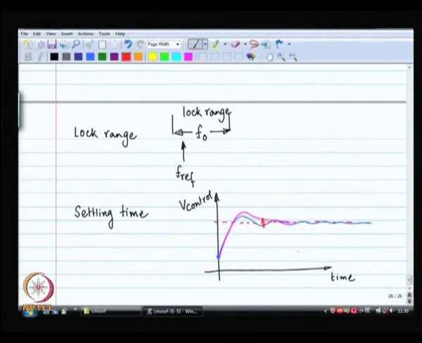Now, the next thing is, what does this settling time depend on? Do you think the settling time will be more if the bandwidth is less, or the settling time will be more if the bandwidth is more, the loop bandwidth?